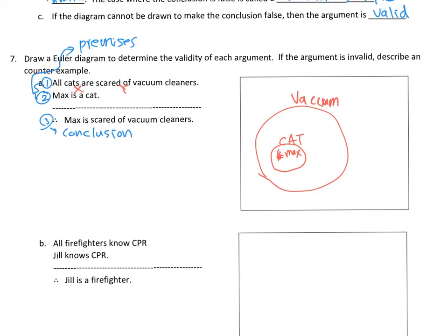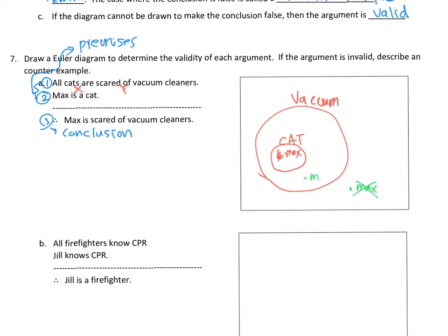In order for me to come up with a counterexample, I have to create a case where it's not the case. Is there a case where Max is not scared of vacuum cleaners? That means Max has to be here. But is that possible? No, because it says all cats are scared of vacuum cleaners. Max has to be inside the cat circle because Max is a cat by premise number 2. So this is not possible.